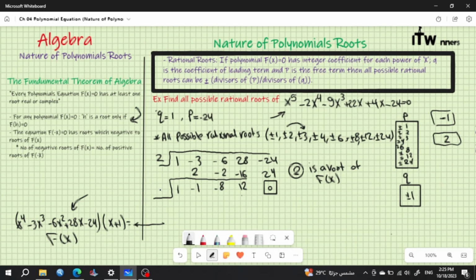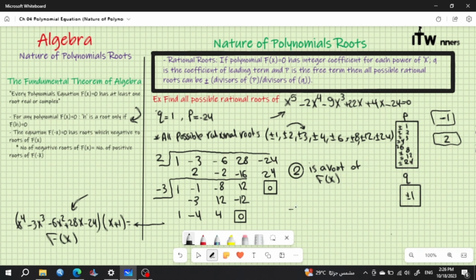The next number is negative 3. We have here 1. 1 into negative 3 equal to negative 3. Here we have negative 4. Negative 4 into negative 3 equal to 12. Here we have 4. 4 into negative 3 equal to negative 12. Here we obtain remainder is 0.